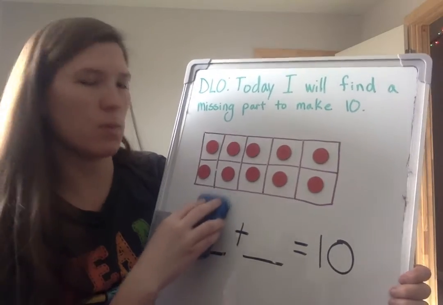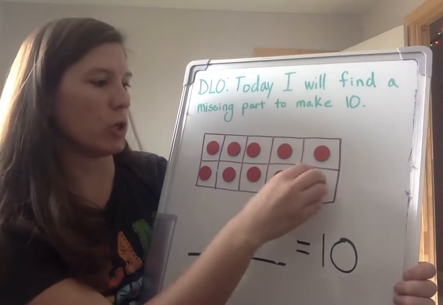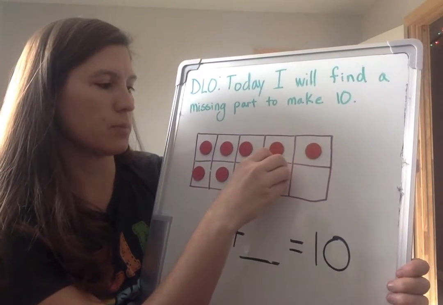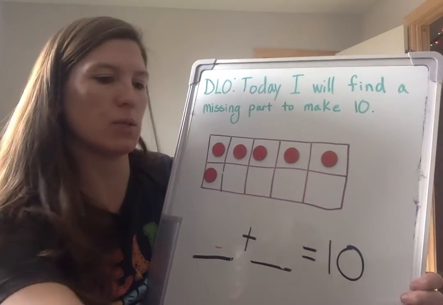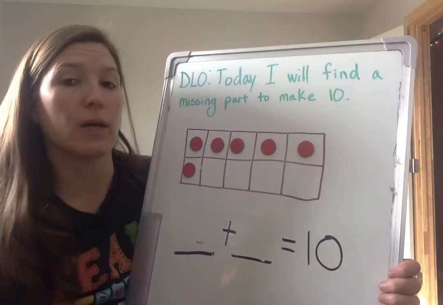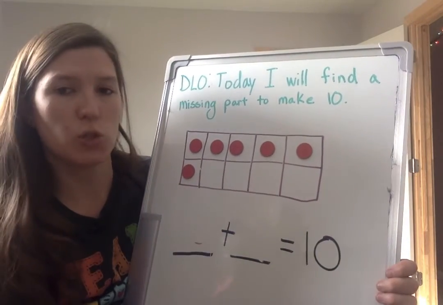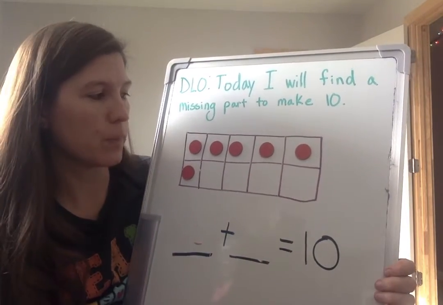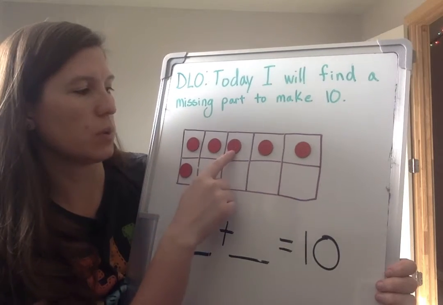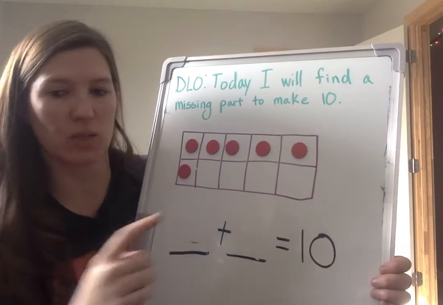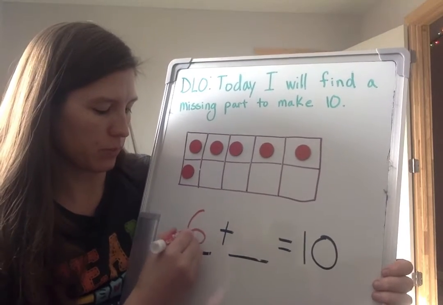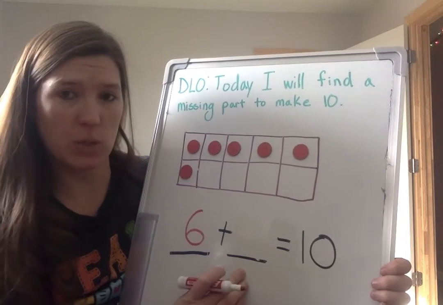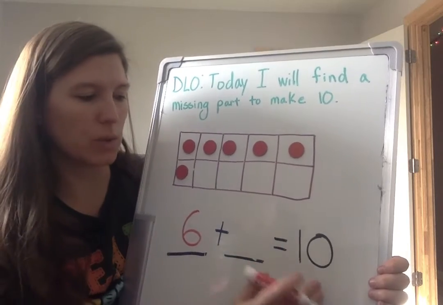Let's do one more and then it will be your turn to do it in the book. Let's see. I'll do this one. I like this one. All right. How many do we have? What do we know? 1, 2, 3, 4, 5, 6. We know there's 6 red, plus the empty windows, we don't know how many yet, equals 10.